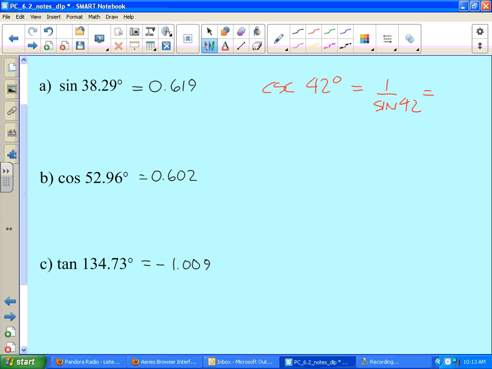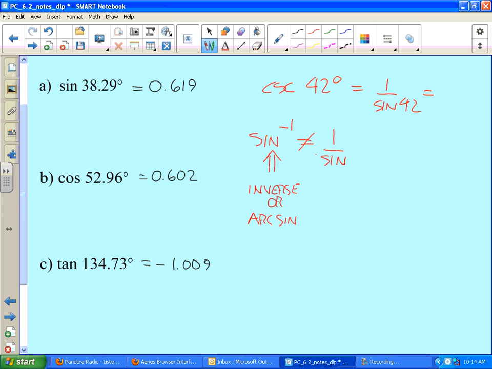Good question. Sine with a negative 1 on it on your calculator does not equal 1 over sine. What this is, we mentioned it a little while ago, is called an inverse, or an arc sine.